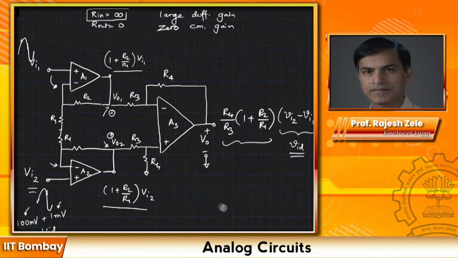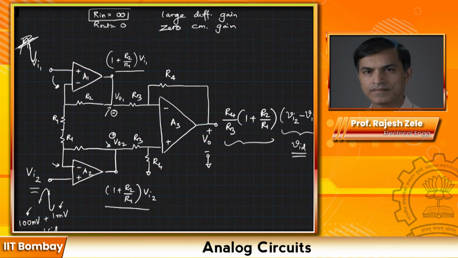Okay, so imagine we can do the analysis of this circuit in two parts using superposition. We can just apply a common mode signal at the input and not apply a differential signal, and see what happens.